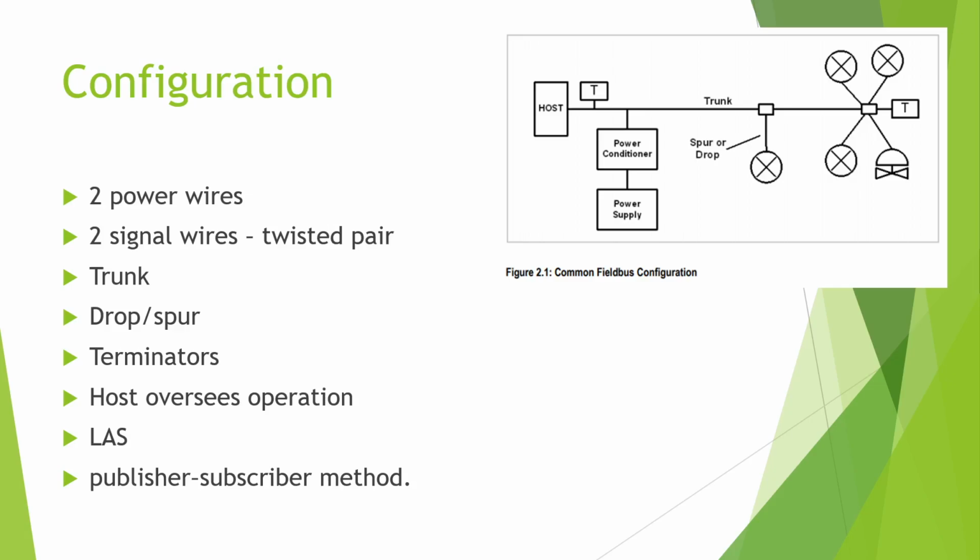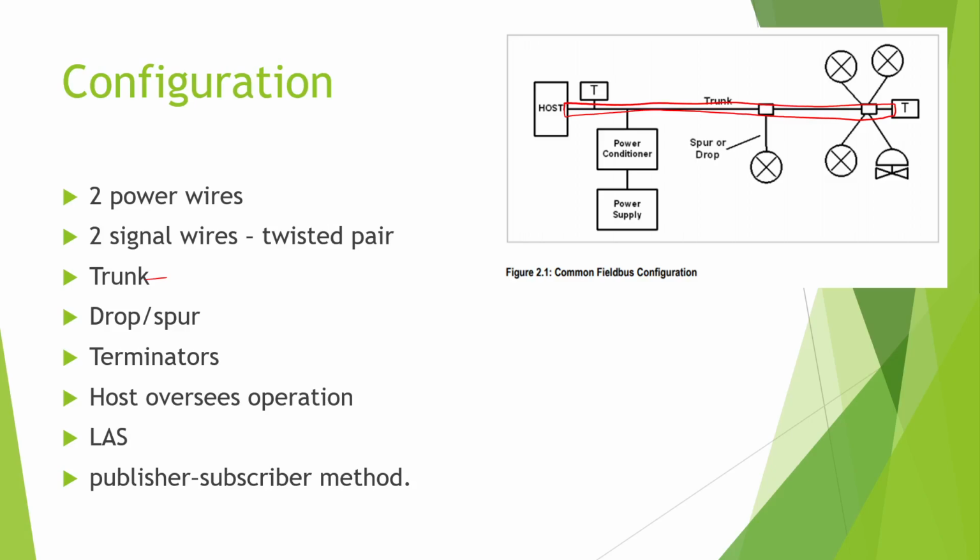So when it comes to our configuration, all right, we are going to have 2 power wires. All right, no surprise there. We are going to have 2 signal wires. Again, that twisted pair. We've already talked about that one. All right, and then there are lots of different ways that we can hook this up. So the first is we're going to have some sort of trunk. All right, so we've got our main trunk line kind of doing this. All right, so that would be our trunk line.